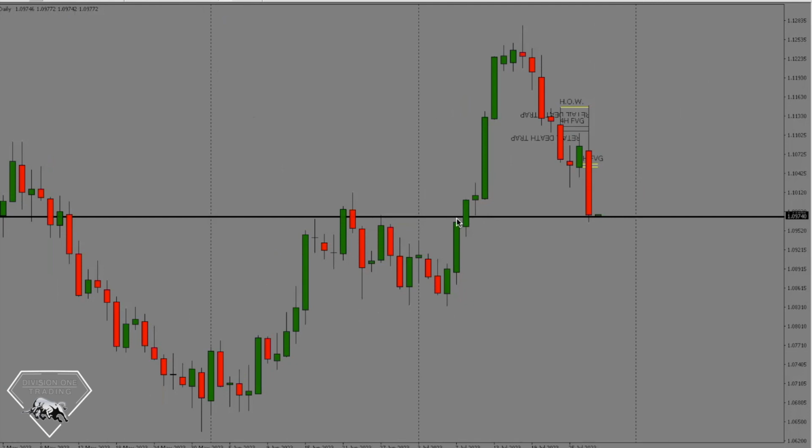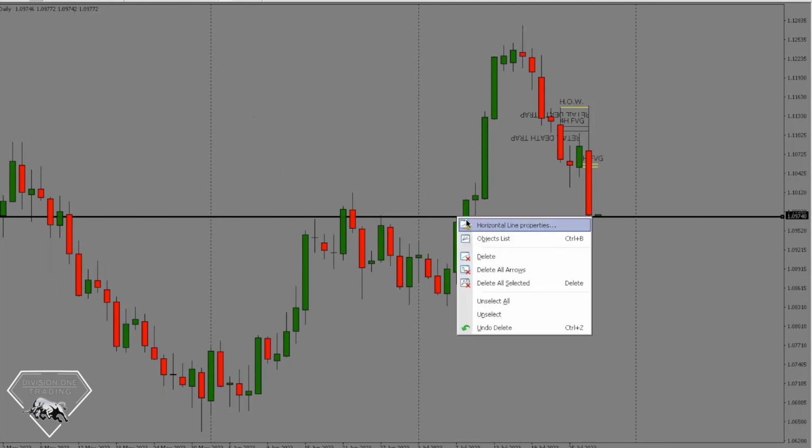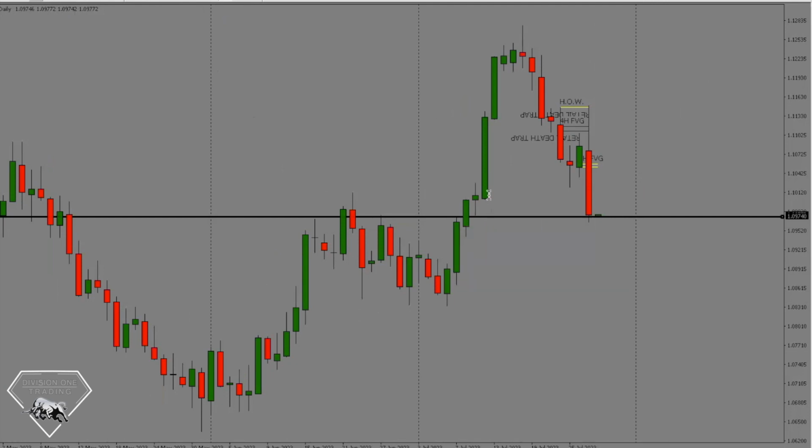You can see there was a daily fair value gap here. So y'all see that small fair value gap right here on the daily?